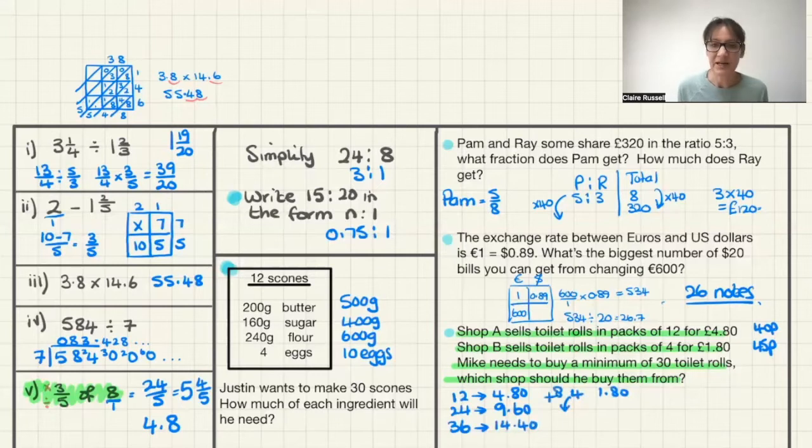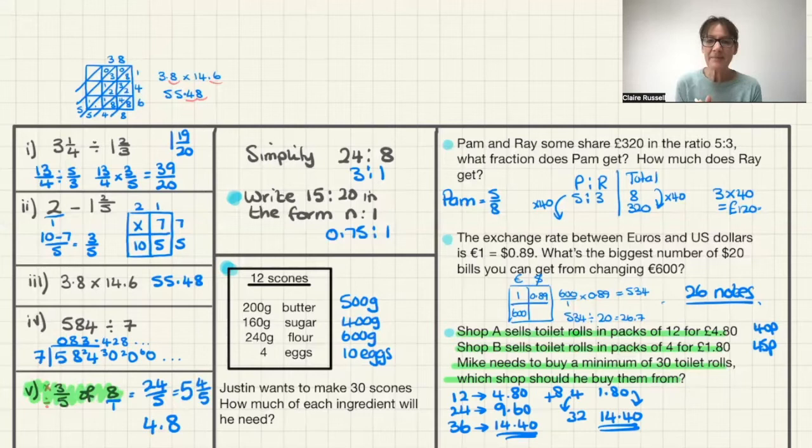That is supposed to be a time sign. It's supposed to be a time sign on an angle, and it just comes out looking like a plus. But anyway, it is a times. It is 32. And obviously, when I multiply that side, I get the answer, which is 14.40. There is actually no monetary difference whatsoever by going to shop A and shop B. They are both going to cost £14.40.